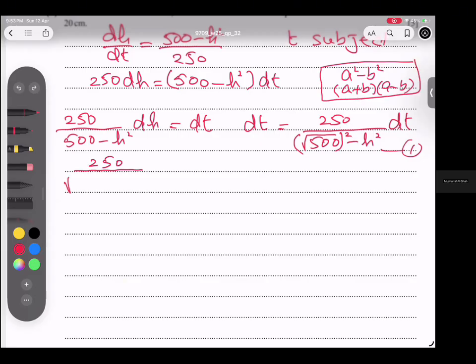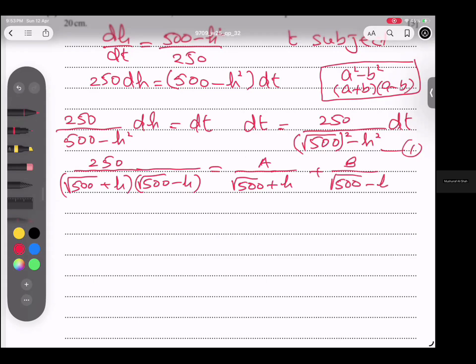So one time root 500 plus h and one time root 500 minus h is equal to a over (root 500 plus h) plus b over (root 500 minus h).